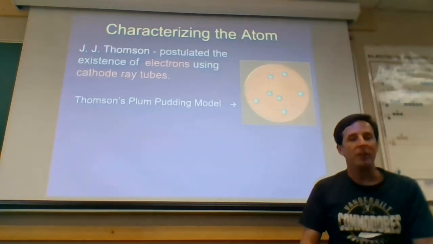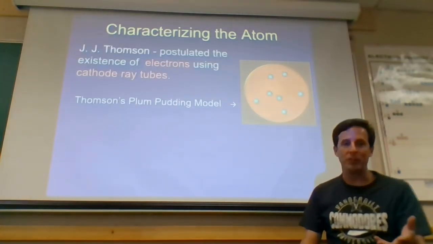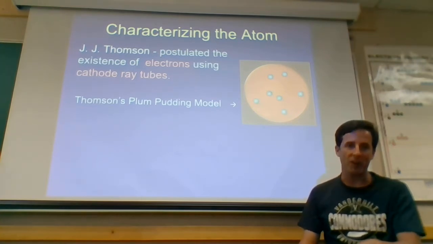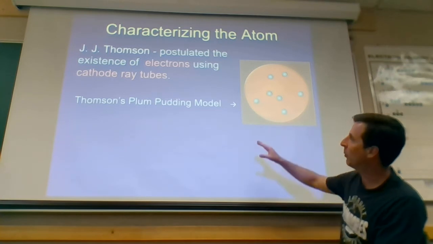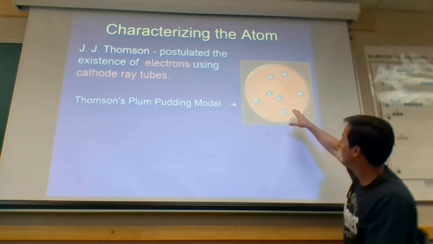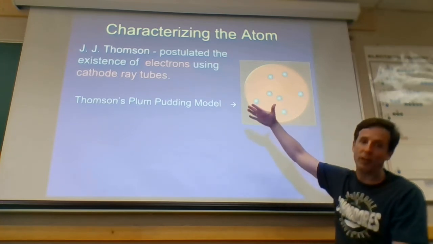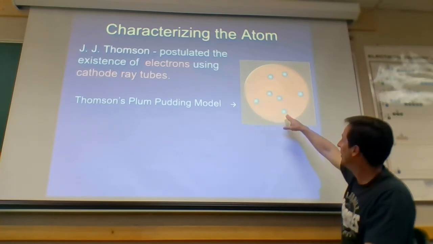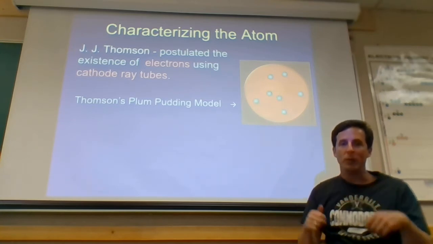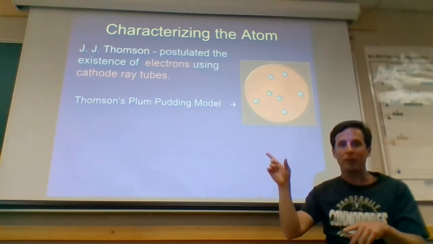All right, so Thompson, he applied a voltage to a sample, electrons flew out, he figured out they were negatively charged, so then he came up with what's called Thompson's plum pudding model, where this is an atom, and basically all that we knew at this point was that the electrons were kind of particles that were stuck in the atom somehow. When you applied a voltage, you can make them fly out.